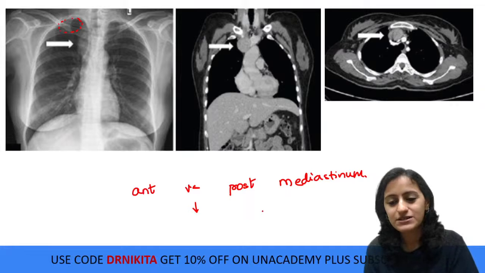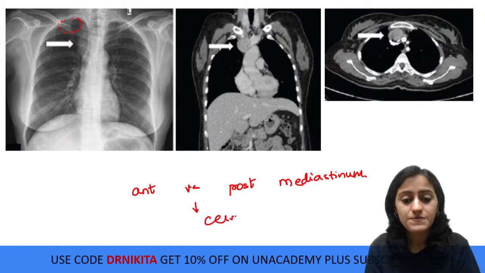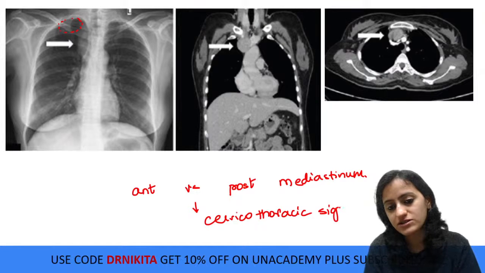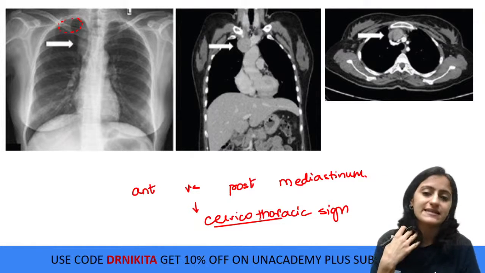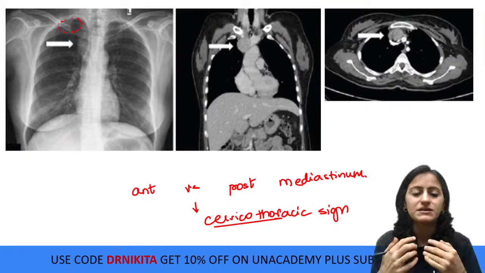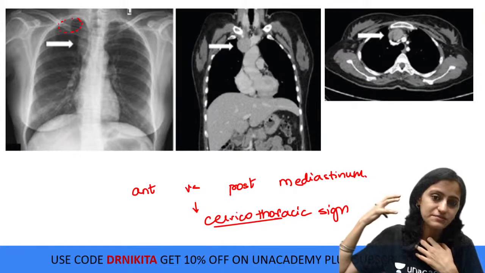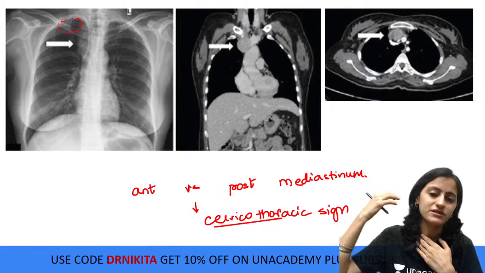Very correct, absolutely right. So that is called your cervicothoracic sign. So what happens? Your anterior mediastinum ends at the level of the clavicle, while your posterior mediastinum goes above the clavicle.